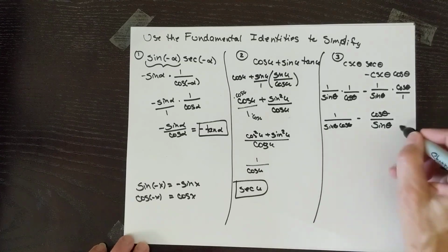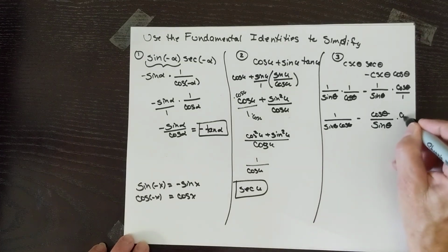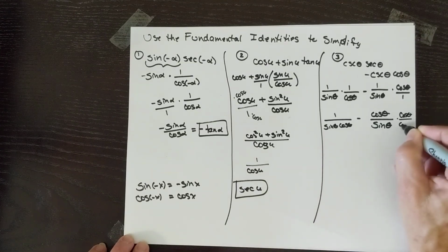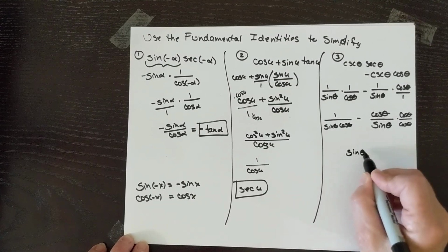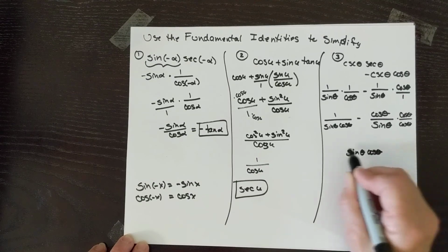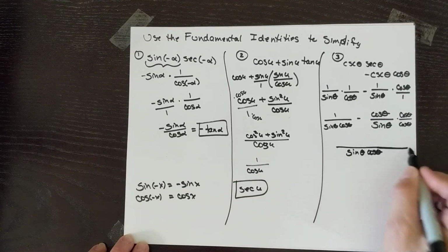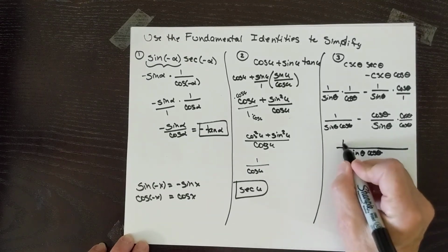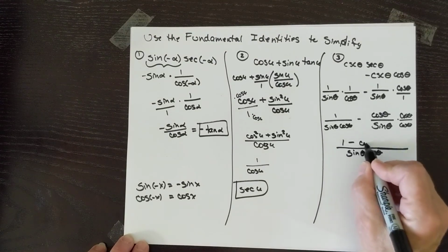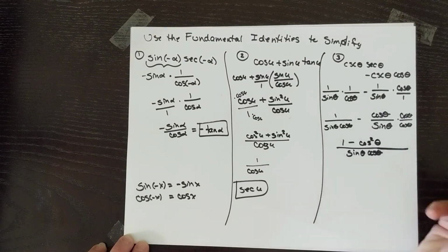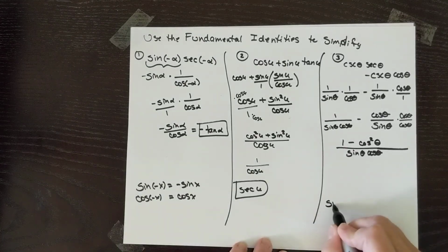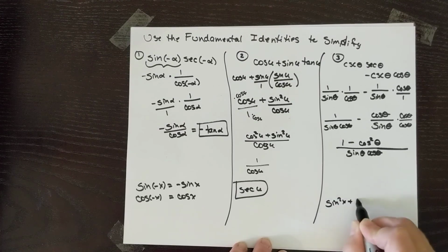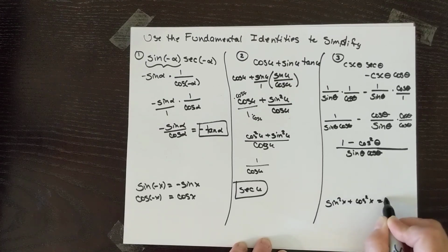How do I do that? I have to multiply the second fraction by the cosine of theta over the cosine of theta, giving a denominator of the sine of theta cosine of theta. Now I can combine the numerators. This is 1 minus cosine squared of theta. Now we have the identity I referred to earlier, which says that the sine squared of x plus the cosine squared of x is 1.